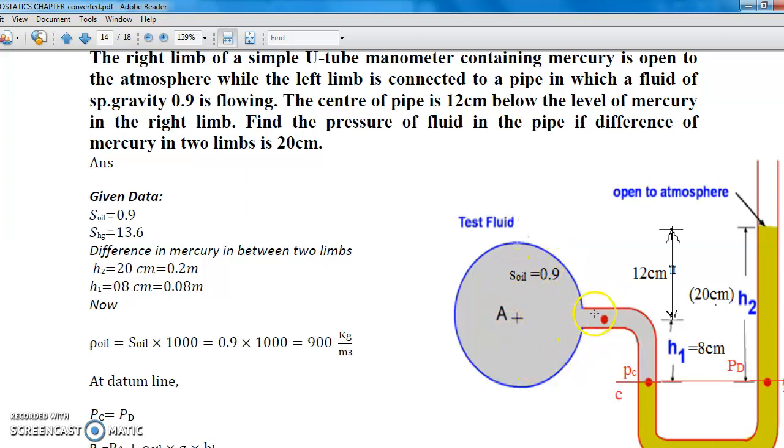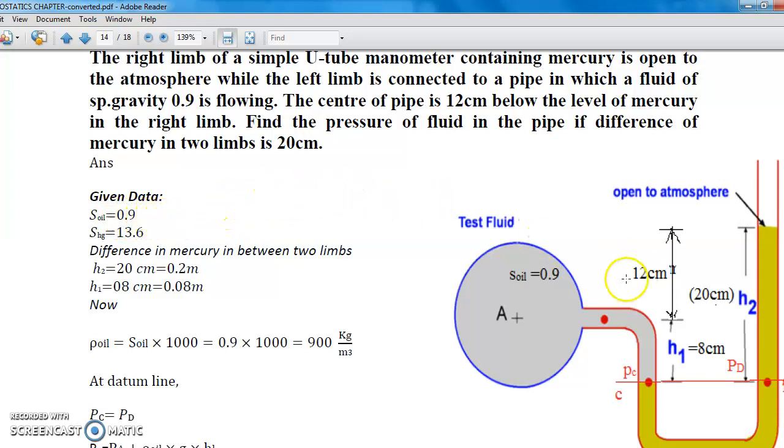Now you will come to the different data given in the question. So first is the given data. First, the oil is flowing in a pipe whose specific gravity is 0.9. So S oil, the specific gravity of that oil, is 0.9.